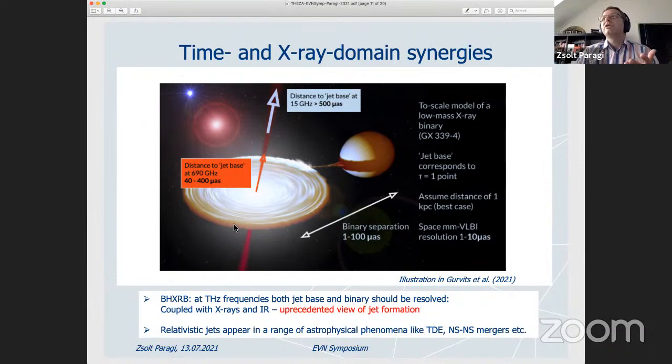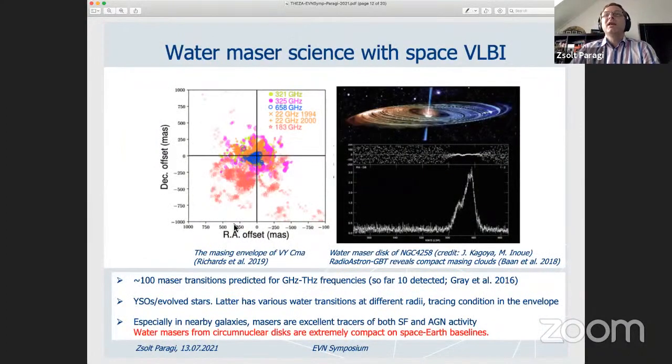But unfortunately, these black holes are only bright when they flare, and it's of course very tricky to observe them in that state when they are highly variable on a very short time scale, and otherwise they are very faint. Water maser science is very exciting for both galactic stellar astronomy and also for AGN.